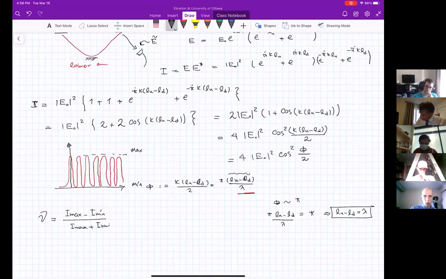And if you do a little bit of math, you will see that the maximum happens, it is 4E0 power of 2.